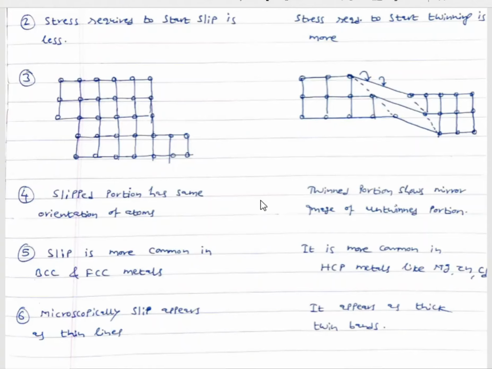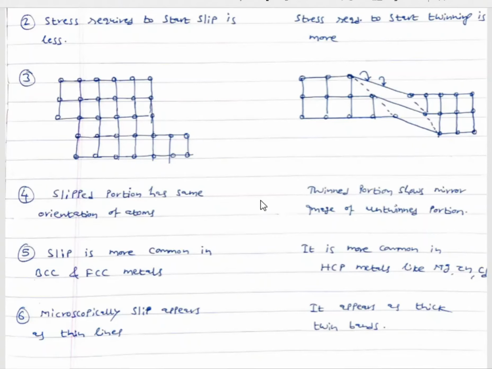The planes which we had seen in the earlier lecture, 110, 100, 111, are different kinds of planes. But along all these planes, in all the directions, plastic deformation will not take place easily. Only on a particular plane in a particular direction will plastic deformation by slip take place, and these are known as slip planes and slip directions.